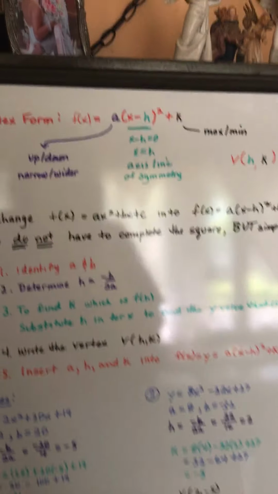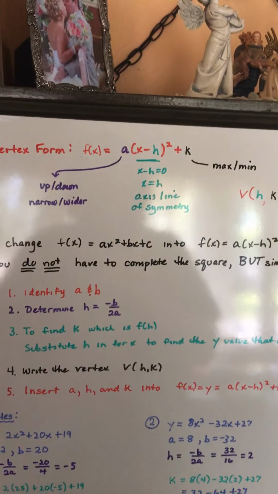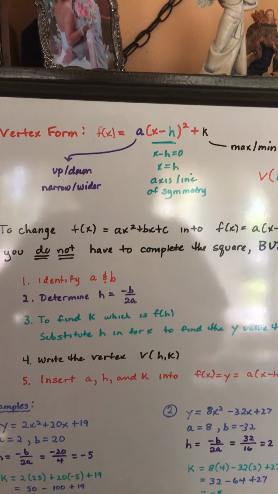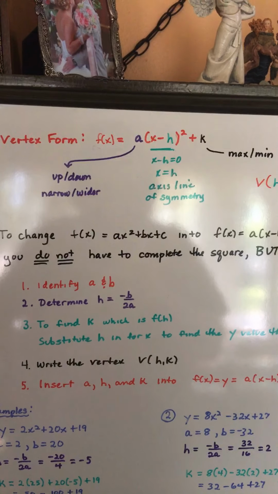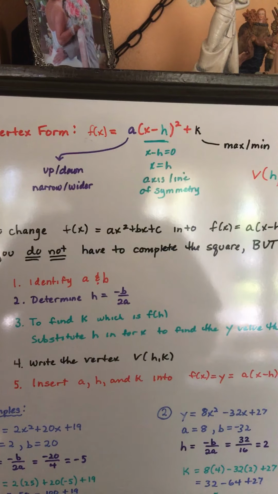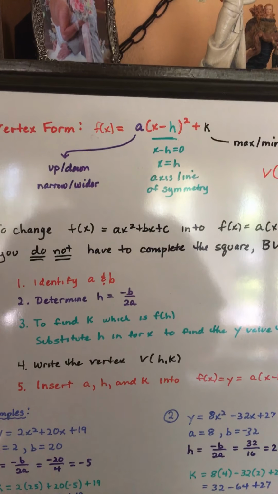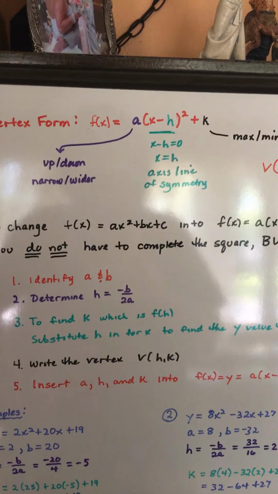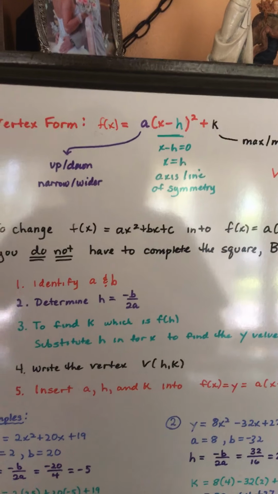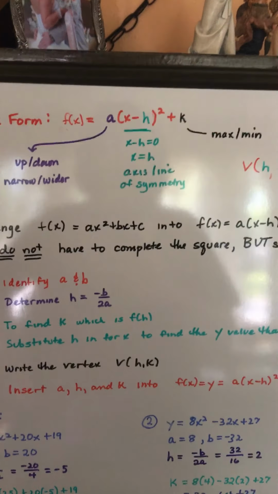Now, vertex form. In vertex form, we have the function f of x equals a times the quantity x minus h squared plus k. a, remember, lets us know if we're opening up or down, and whether we're narrower or wider. It is also called the leading coefficient.